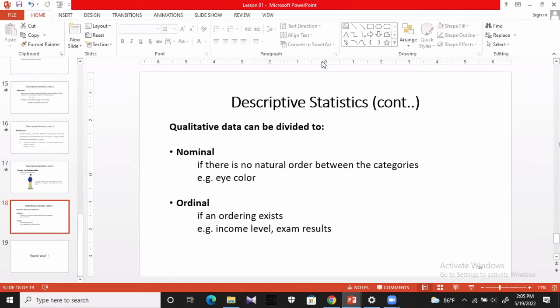Understand? So first we collect the income. Income is a quantitative value. Using the income, we define their income level: rich, poor, or middle. Understand? There, we converted our quantitative data into qualitative. Let's say now we have qualitative data.